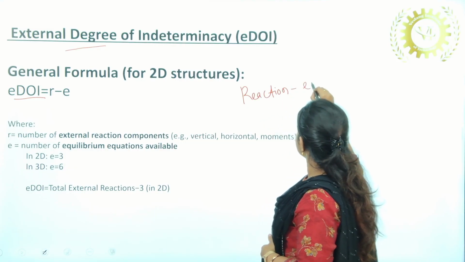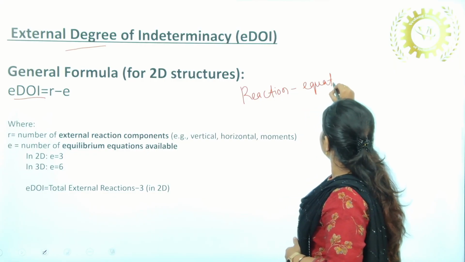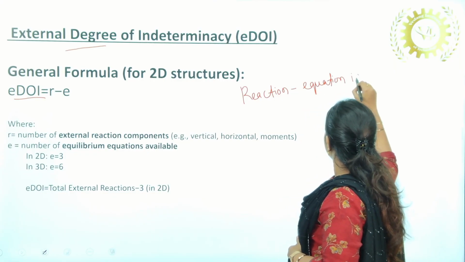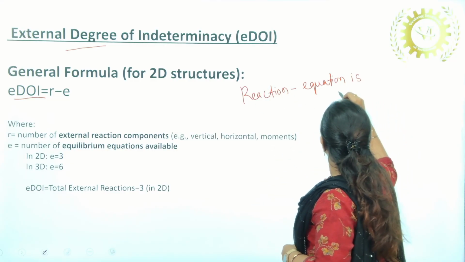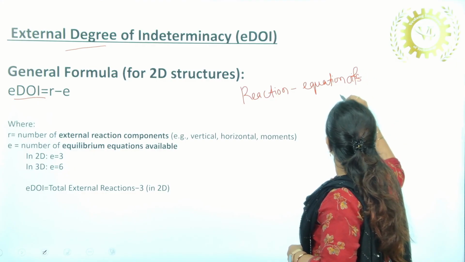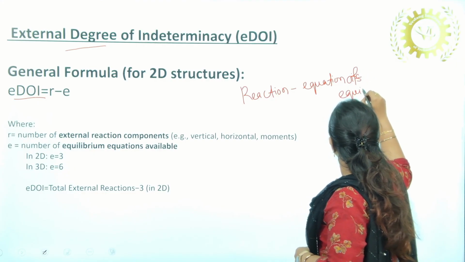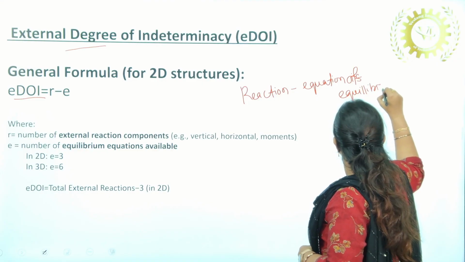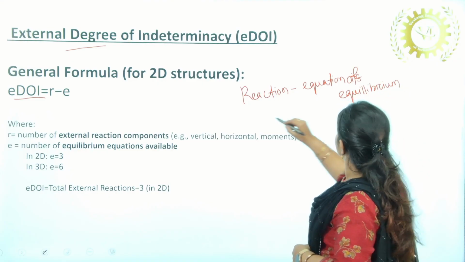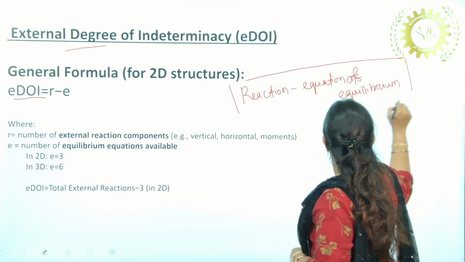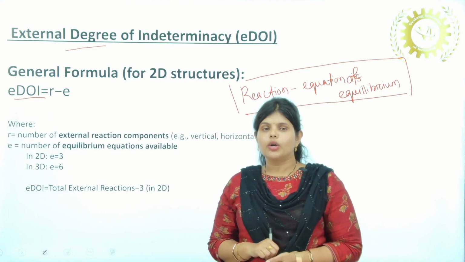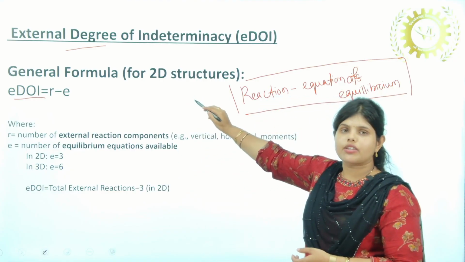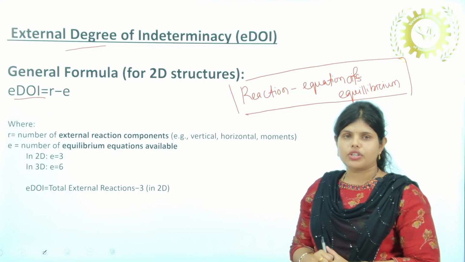Reaction minus equation of equilibrium is the DOI in case of external. In case of external DOI, the formula is reaction minus equation of equilibrium.